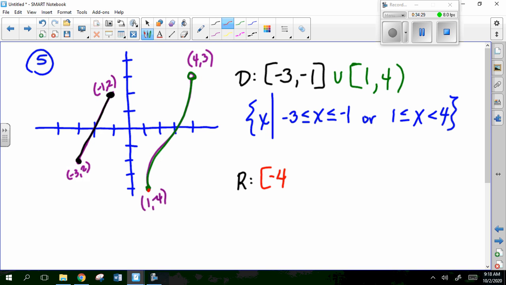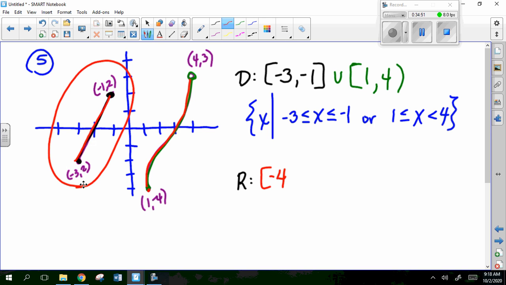Now, as we go up, this graph covers all the y values and some more that this graph covers. Well, I don't have to write them twice. They cover the same y values, yes? So this one over here does not really have a different impact on my range.